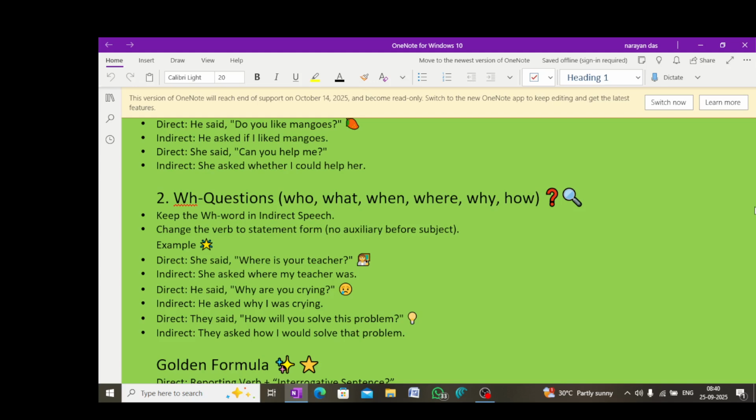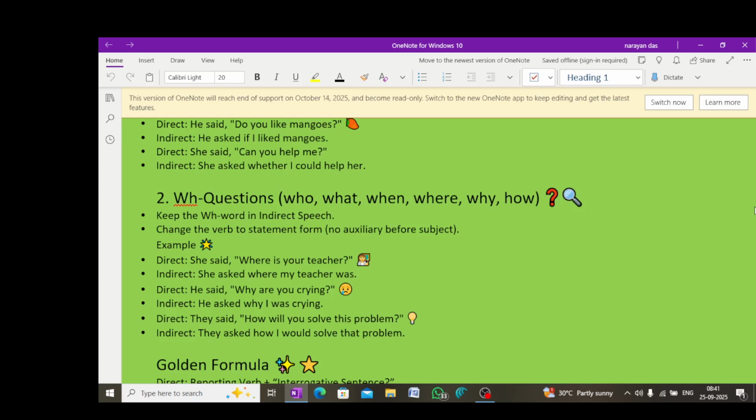So students, here you can see the statement sentence is where my teacher was. Where was my teacher will be wrong because that will be interrogative format. Always remember that in any indirect speech, the sentence is a statement sentence. It is not an interrogative, exclamatory or imperative sentence. It is only a statement, assertive kind of sentence, and therefore at the end only a full stop is used.